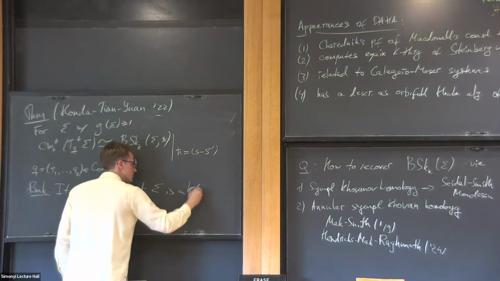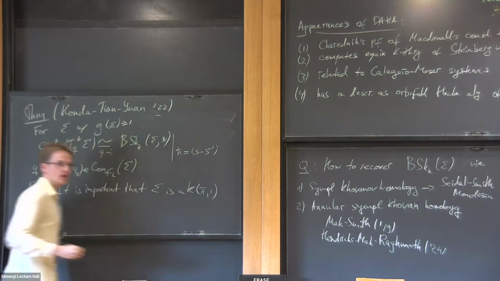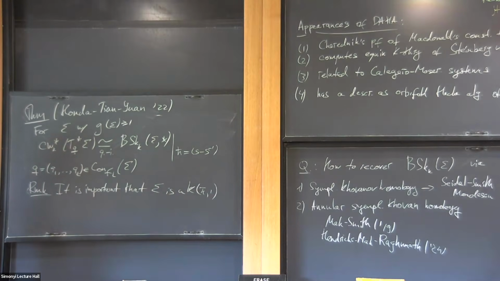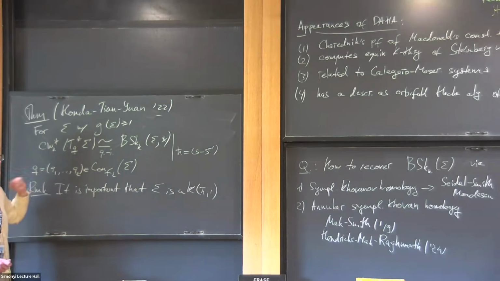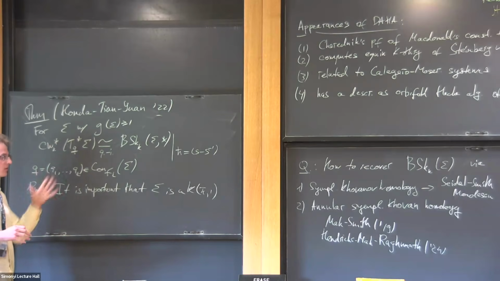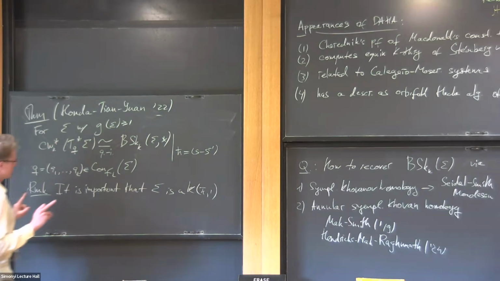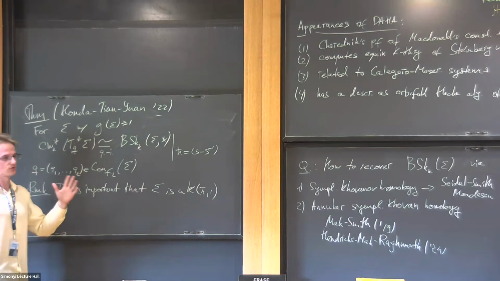Can you explain the object on the left a little more? You said this is chains on the base space. We'll get to it, but how you should think about it is morally that this thing is like a cotangent fiber in the cotangent bundle of the symmetric product of sigma.